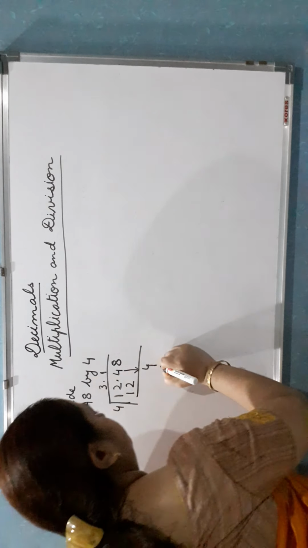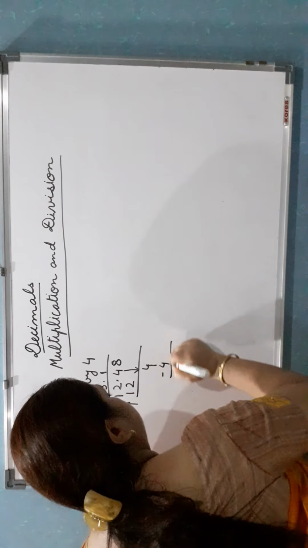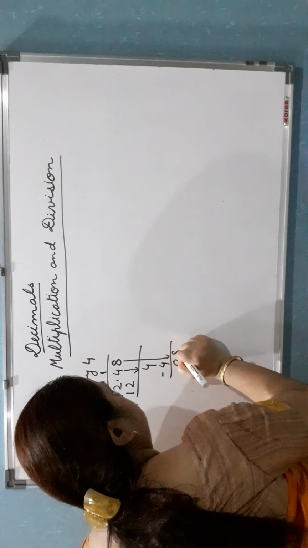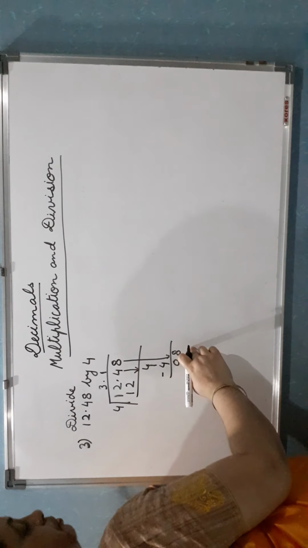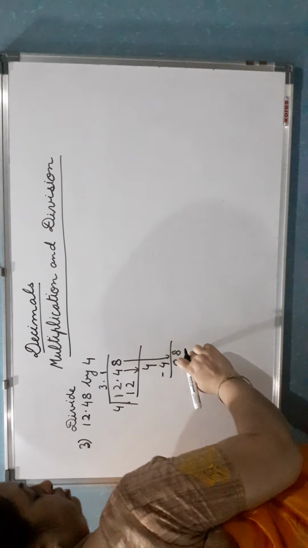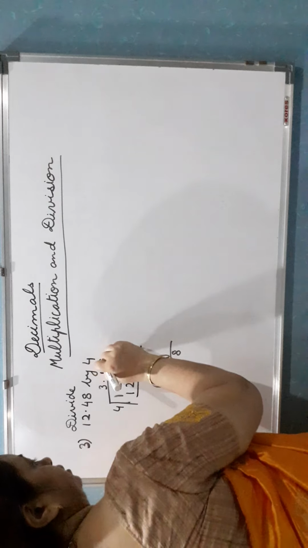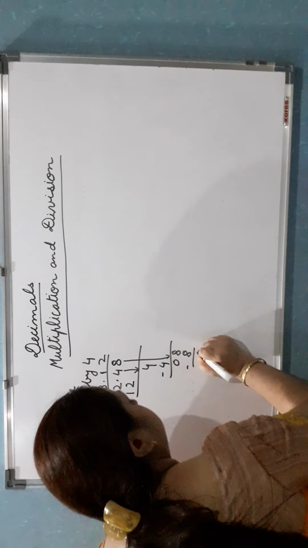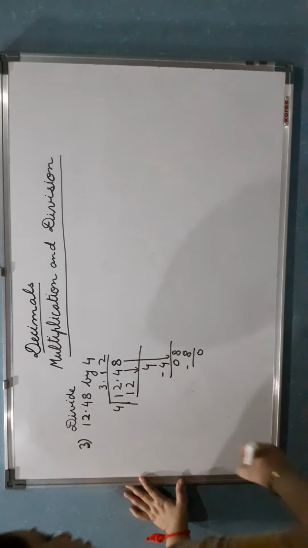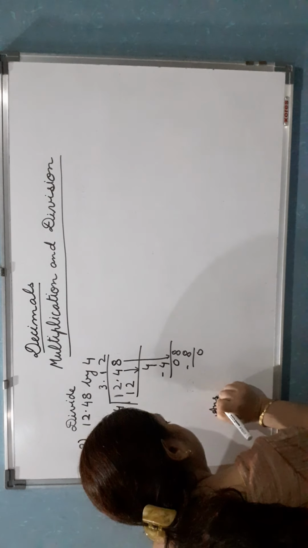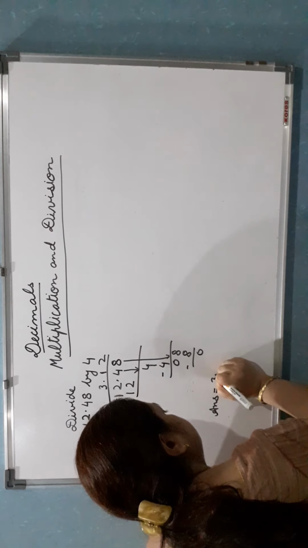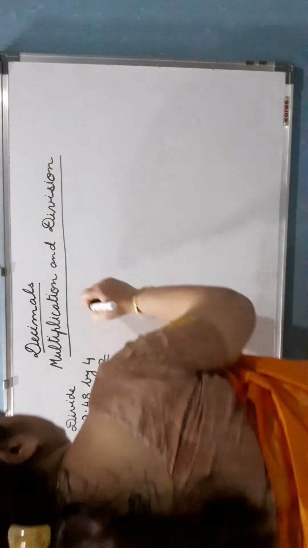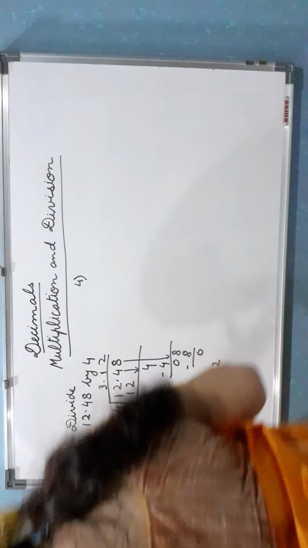So 4 1s will be 4. 0. Now here bring down 8. So it will be 4 2s are 8. So the answer will be 3.12. Okay. Now let us do another one.